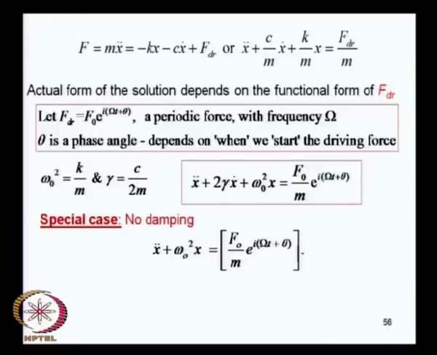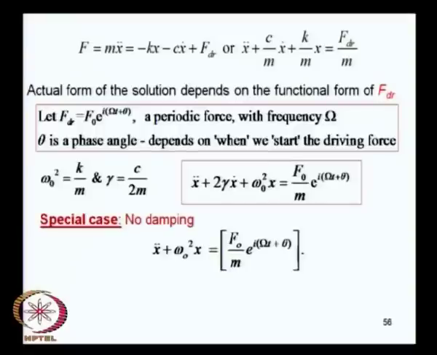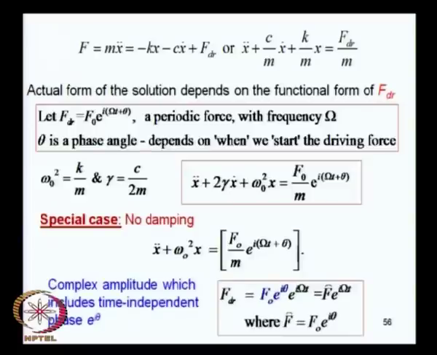Now, if there were no damping, if gamma were 0, this would be an ideal oscillator which experiences no damping, no friction, but it is subjected to an external periodic force. So, you can always develop an approximation or special cases in which you can ignore damping.